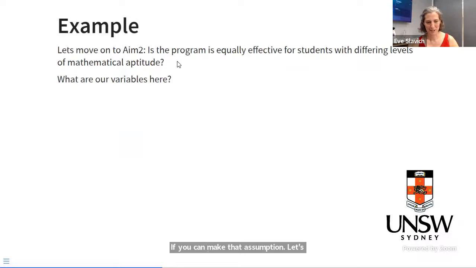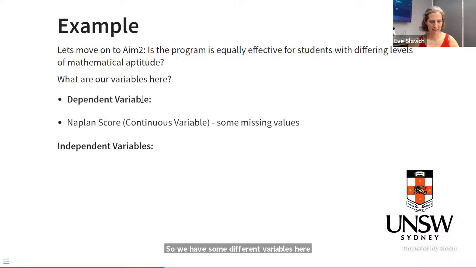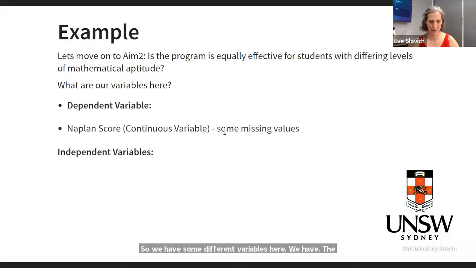Let's move on to aim 2. Is the program equally effective for students with differing levels of mathematical aptitude? So we have some different variables here. We have the same dependent variable, which is our NAPLAN score, which has some missing values, but we know that we can account for that using a mixed model.